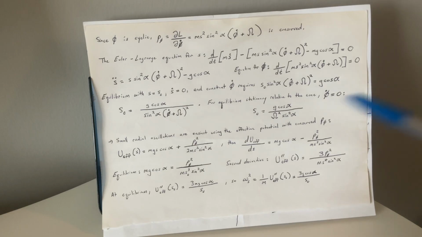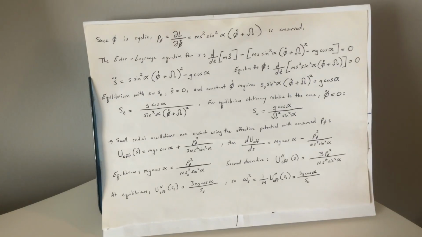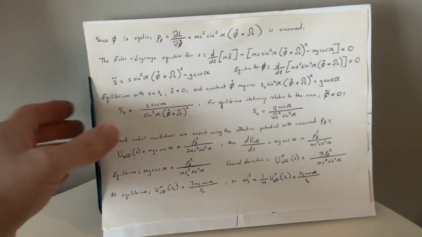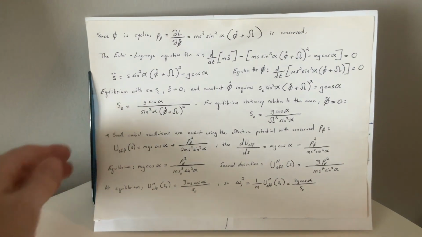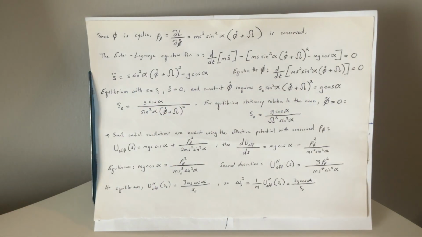So our equilibrium with s equals s naught, s dot equals 0, and constant lowercase phi dot, requires s naught sine squared alpha times the quantity lowercase phi dot plus Omega, squared, and that equals g cosine alpha.